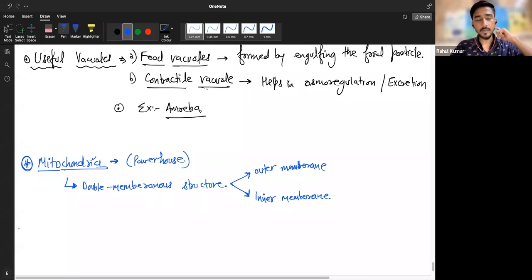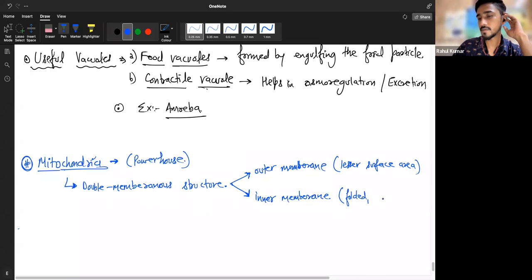Okay, so write down first. Mitochondria has an outer membrane which has lesser surface area and an inner membrane which is folded and has greater surface area.